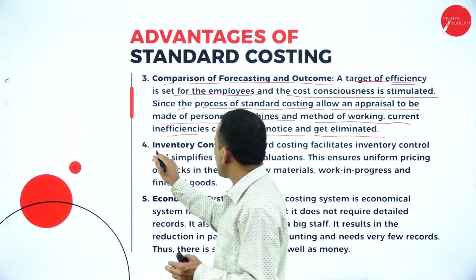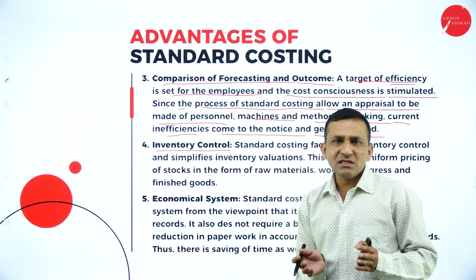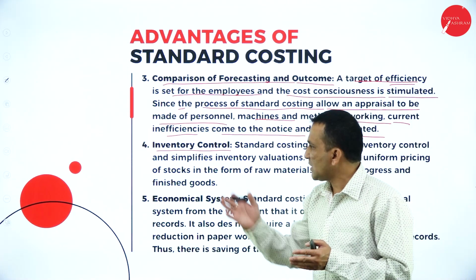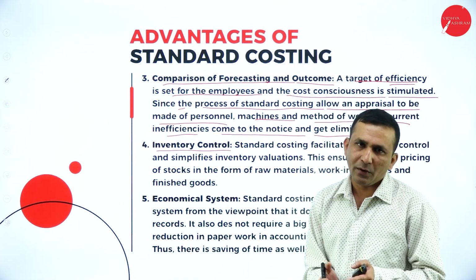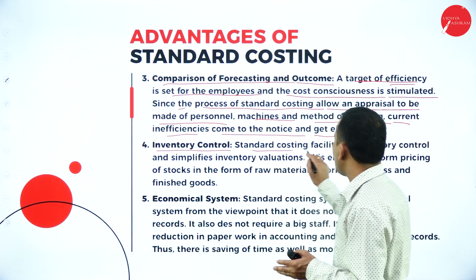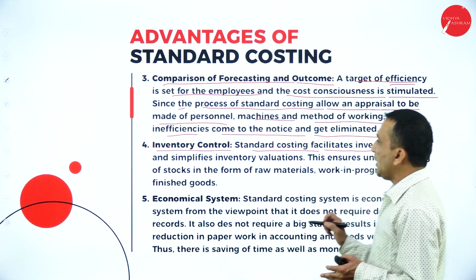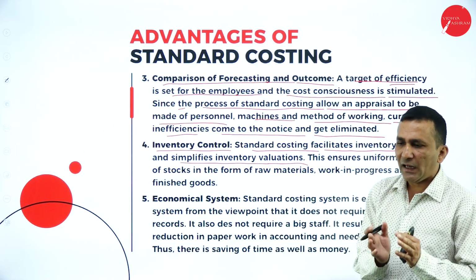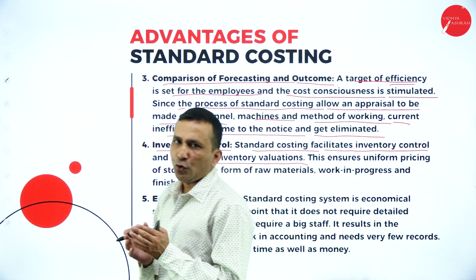Next one, inventory control. Obviously the same benefit applies here: inventory control also will happen properly, because standard costing facilitates inventory control and simplifies inventory valuation. The inventory plays a very important role in production.